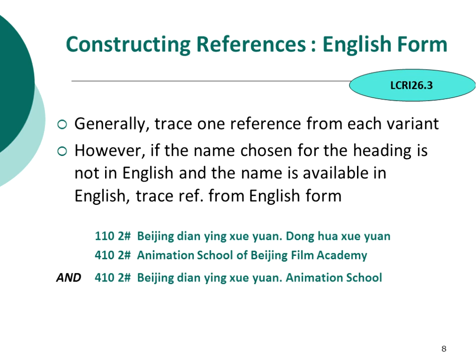And under 410, we have an English form of this corporate body. So according to the rule, we would trace a reference from the above reference. Did you see what I mean here? So normally we do not trace a reference from a reference, but in this particular case, if you have an English form of the name, the rule calls for a reference from a reference.